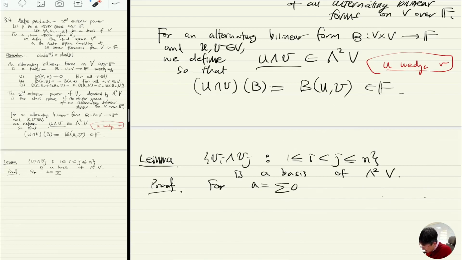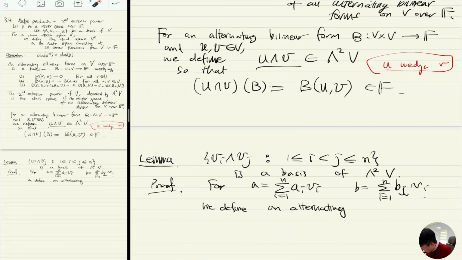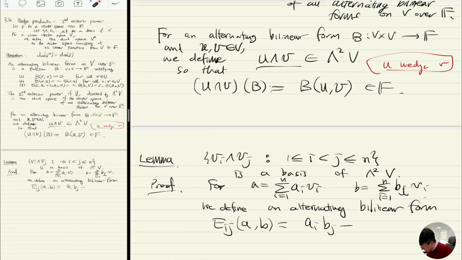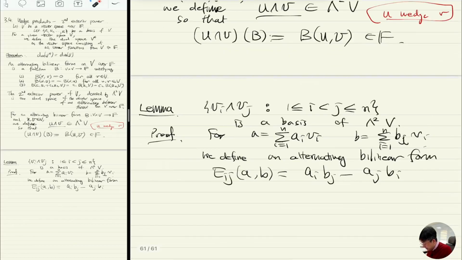So a is a linear combination of a_i v_i, and b is a linear combination of b_i v_i, from 1 up to n. We define an alternating bilinear form E_ij as a function, right? E_ij(a, b) to be a_i b_j minus a_j b_i, okay?